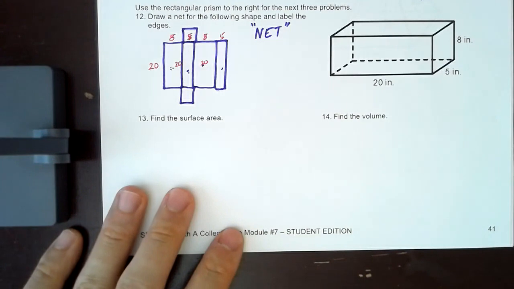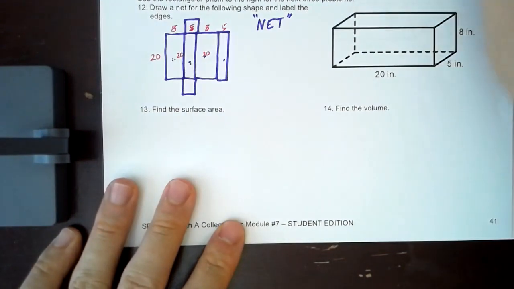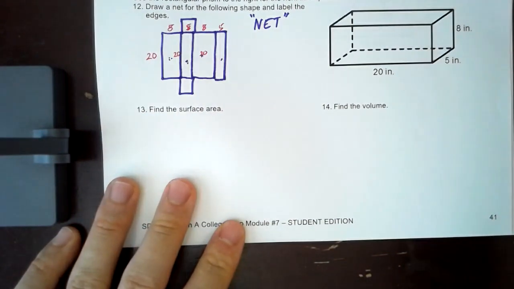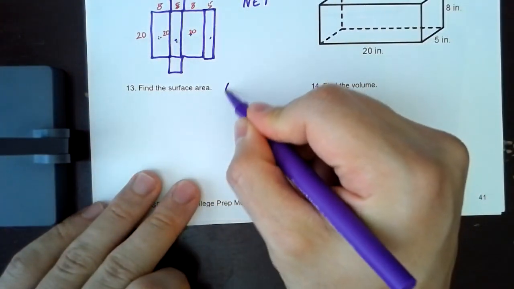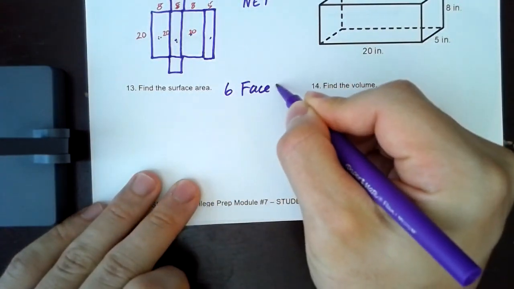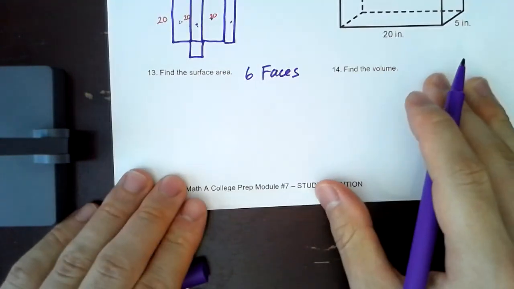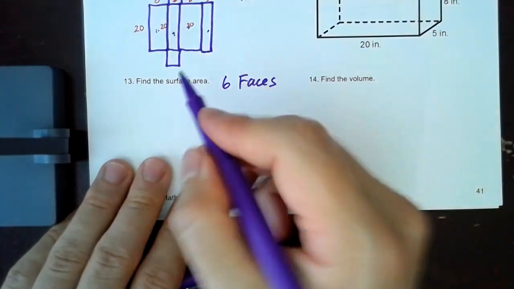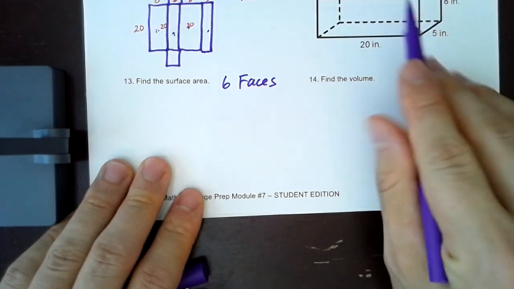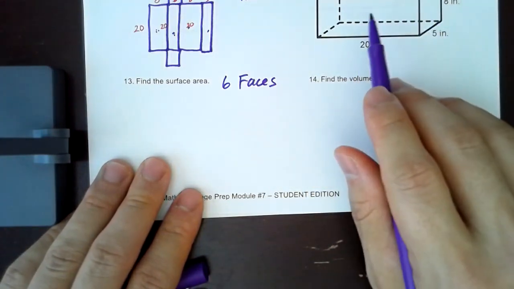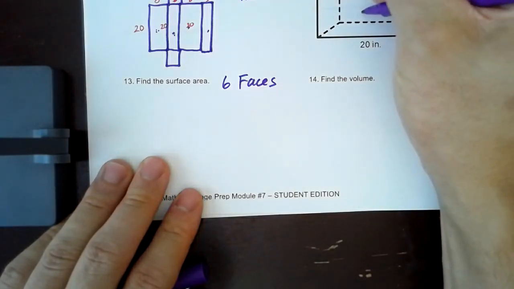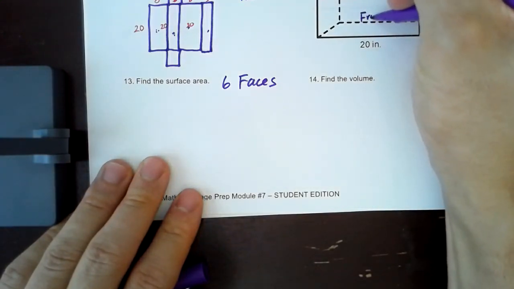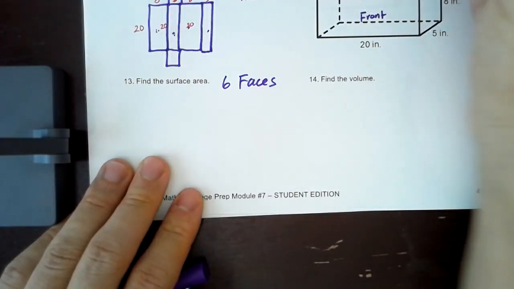And now I'm going to let you in on a little secret. Okay, so please watch carefully. We know that there are 6 total faces for this rectangular prism. The first 3 faces that I'm going to discuss are the faces that we can see. Here in the front, I'm going to call this the front face.